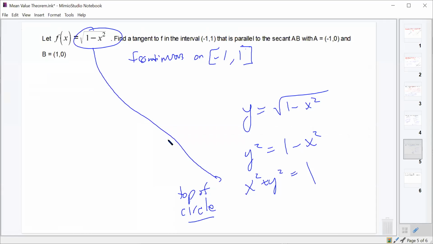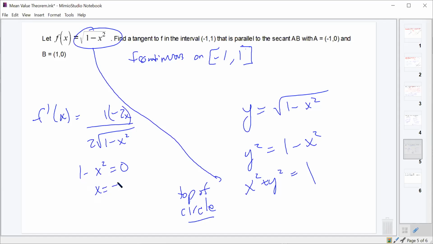So we know it's continuous, and then if we were to take the derivative to see if it exists, f prime of x equals 1 over 2 root 1 minus x squared times the derivative of the negative x squared, which is negative 2x. And so the only thing that would make this undefined is when the denominator is equal to 0, and 1 minus x squared would have to be 0.